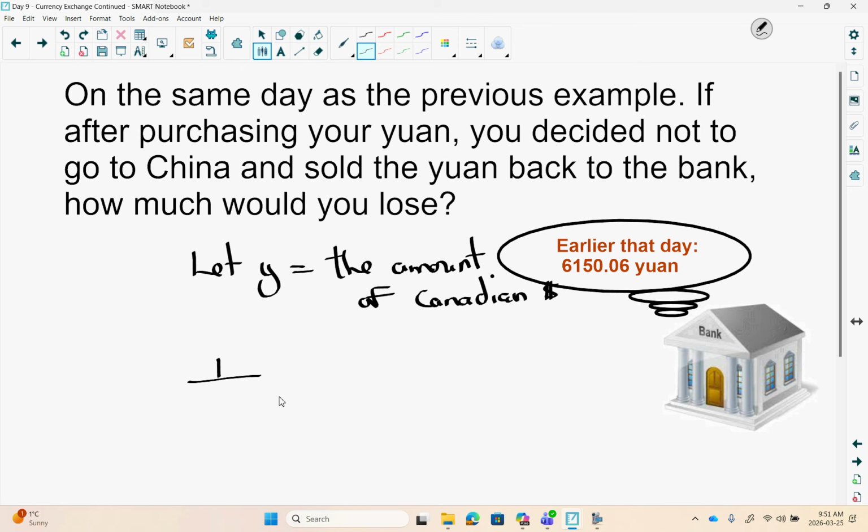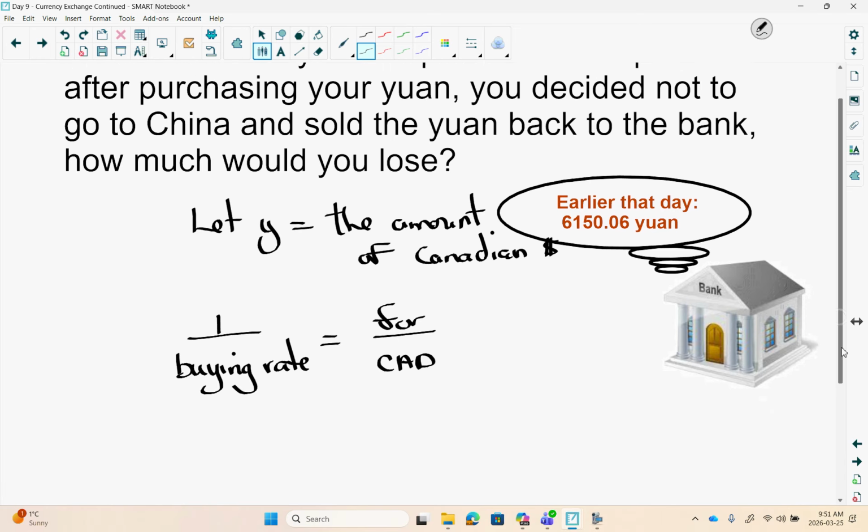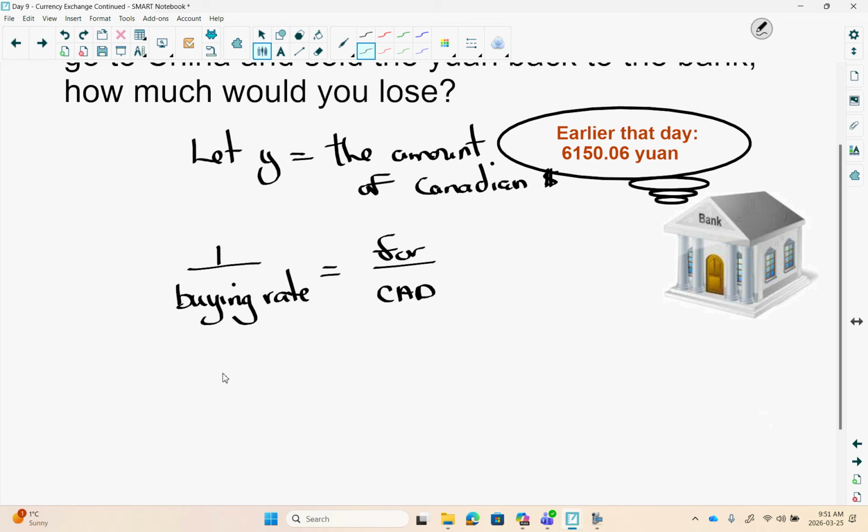This time I'm going to go 1 over which rate, buying or selling? If I'm selling the foreign currency, what's the bank doing? They are buying. It's going to equal the foreign amount over the Canadian amount. Where do I get the buying rate from?